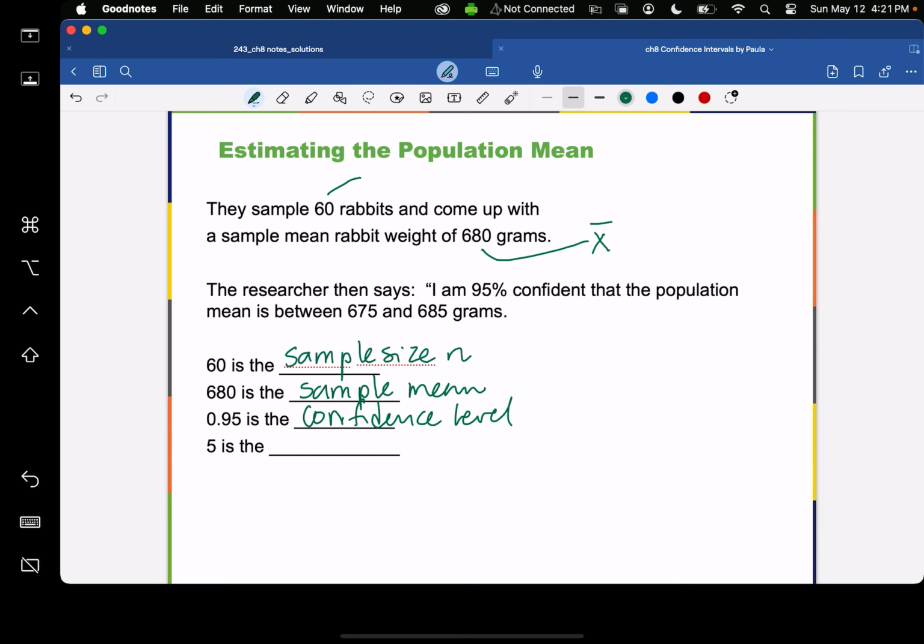Now I'm going to teach you the process of actually calculating what these numbers are. I'm sure you noticed that X bar is right in the middle of these two numbers. The confidence interval is plus or minus 5 from X bar, and 5 is the margin of error.